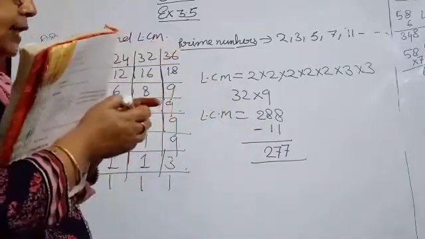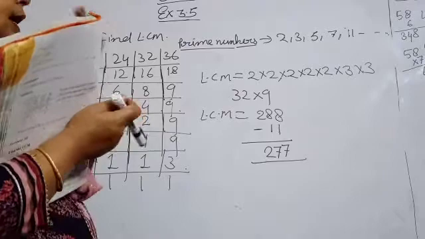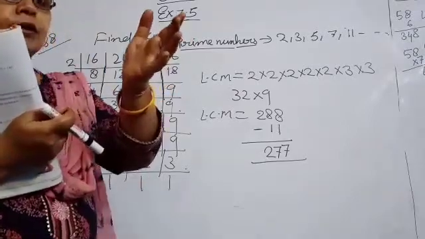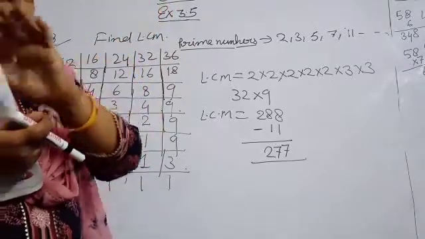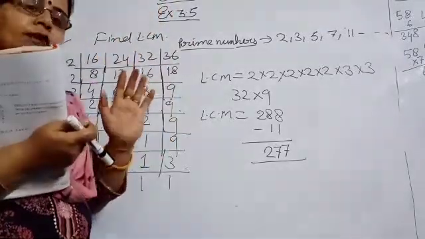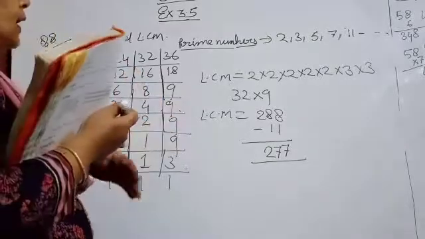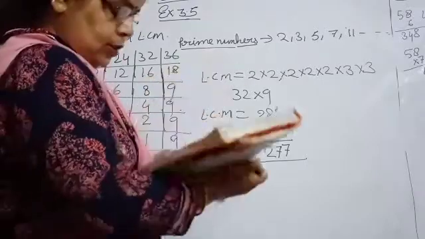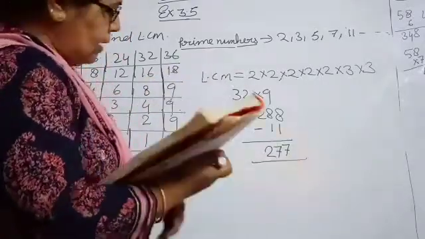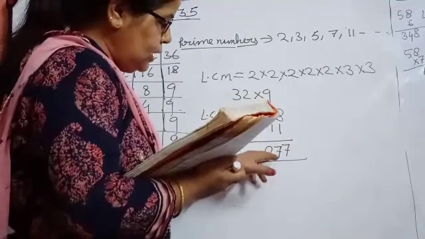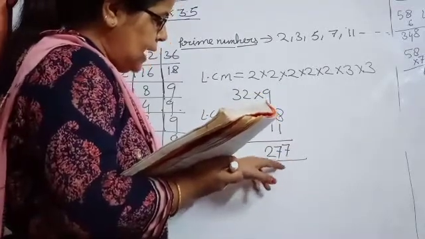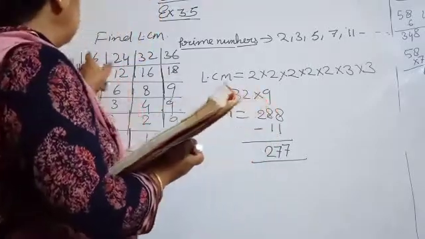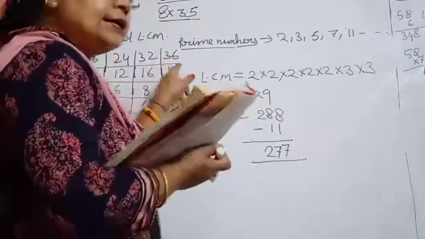Whenever it says in any question to find the number which is divisible by 16, 15 or 20, you will always find the LCM. But here he was saying find the smallest number which added to 11. If you add 11 to 277, then what will come? 288, and 288 is always divisible by 16, 24, 32 and 36.